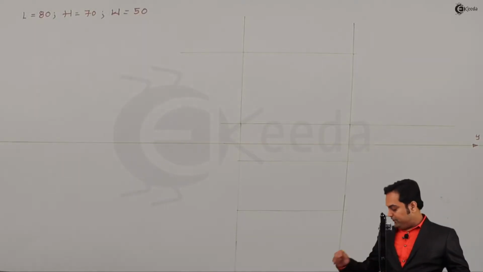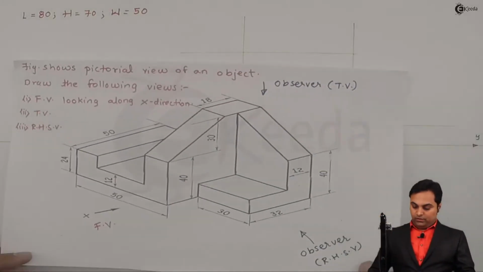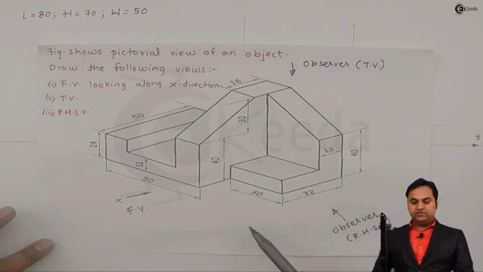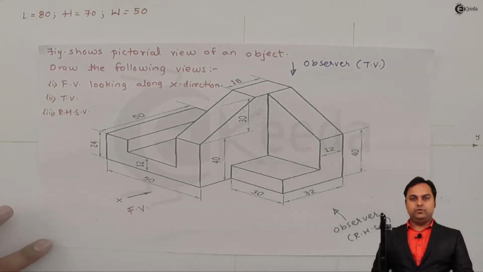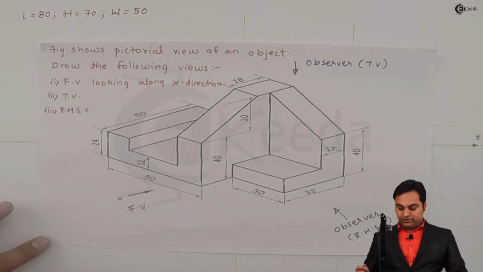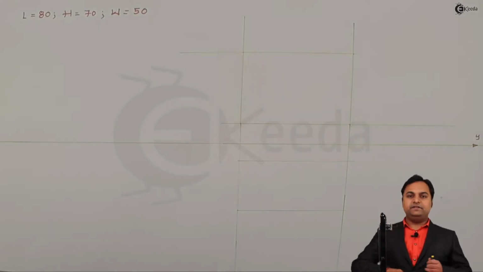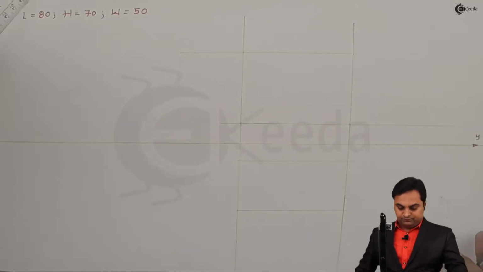Next, for the side view, when we are looking at an object from the side, the width and height of the object are visible to us and not the length of the object. So height, I can get it directly from the front view.